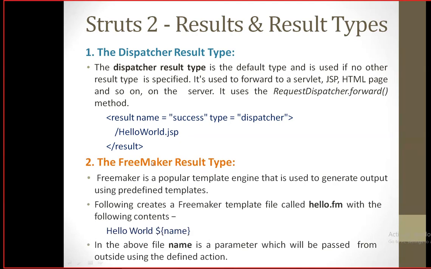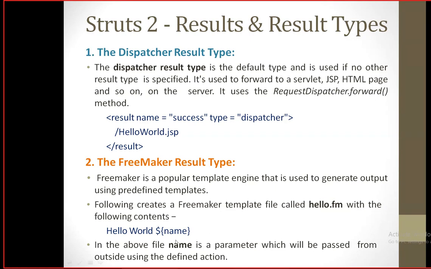Then the second type of result is FreeMarker, right? FreeMarker is basically a template engine, and we have to write a file with the extension .fm. Okay, remember this thing. Suppose you remember the outcome that we printed: hello world and the name of the user, what was entered in the text field.